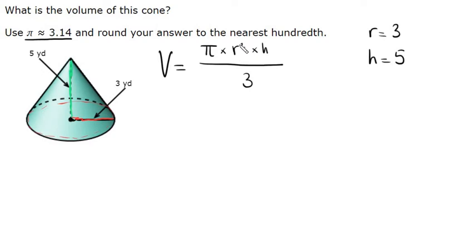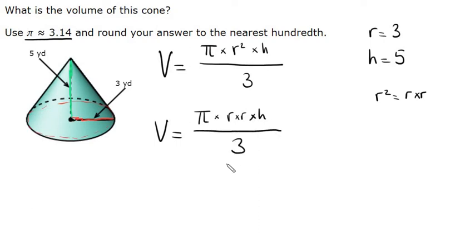In the formula it says r squared, and r squared is actually r times r. We multiply the base by itself twice. So in the formula I'm going to write V equals pi times r times r times height h, divided by 3.